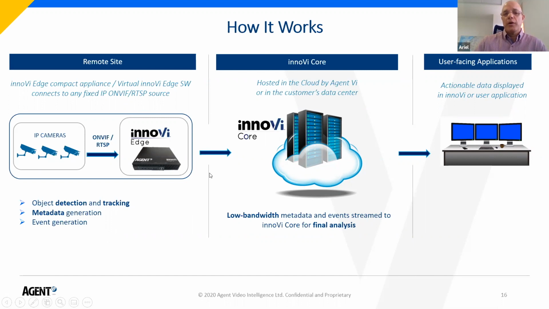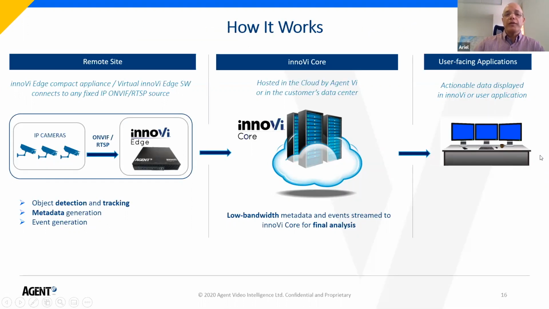So we are streaming only 1.5 to 5 kilobits per second of data per camera. Then, through an open API, the innoVi core can communicate with any other third-party application. Most of you are using Milestone, Genetec, Verint, or whatever other VMS we already have integration with. The open API allows us to push such events in a very easy way to third-party applications.